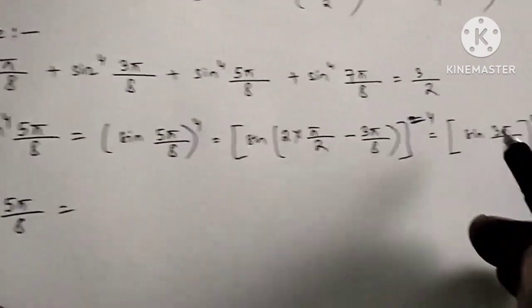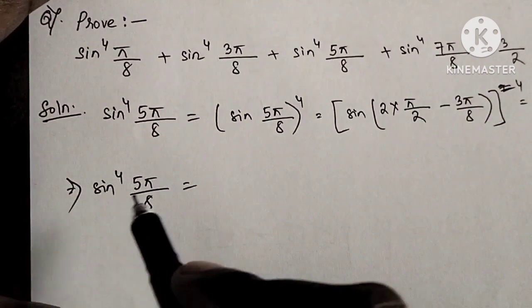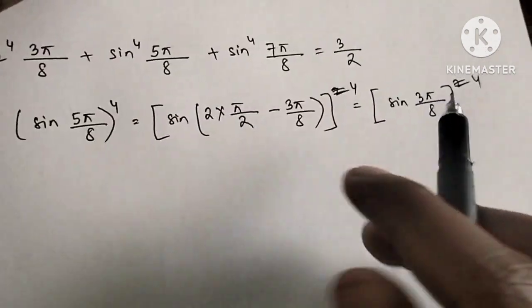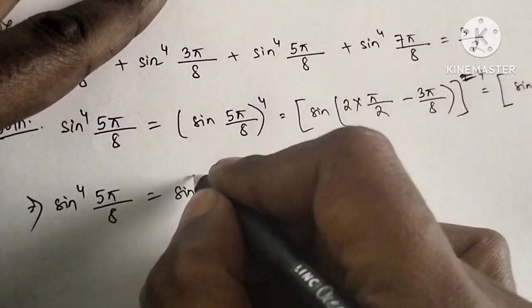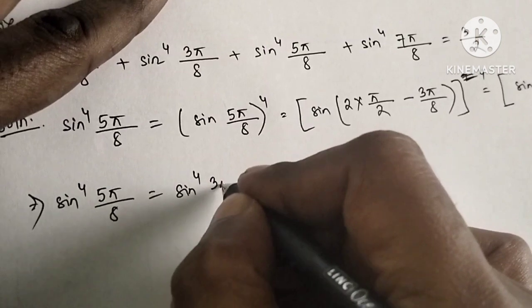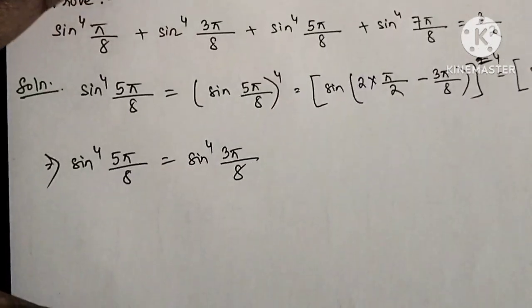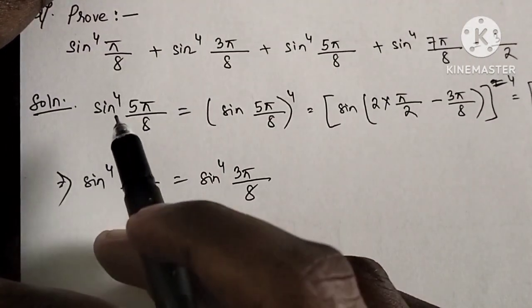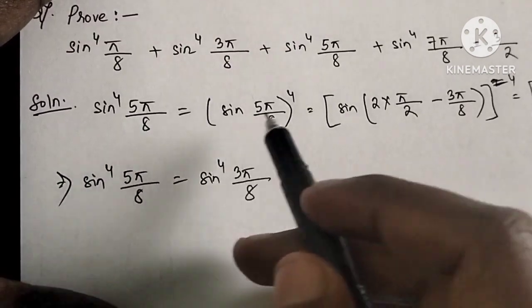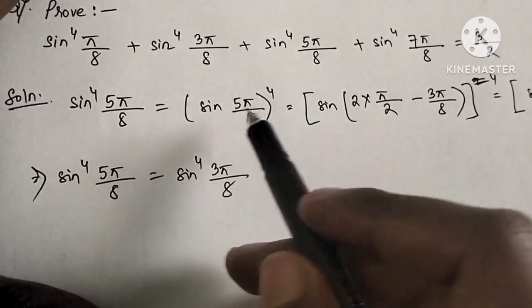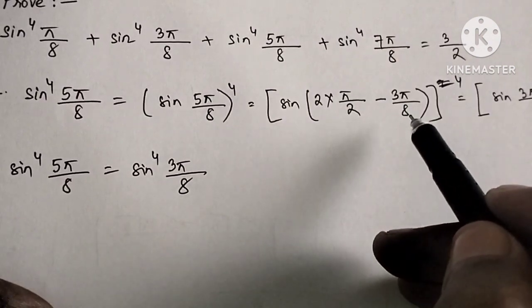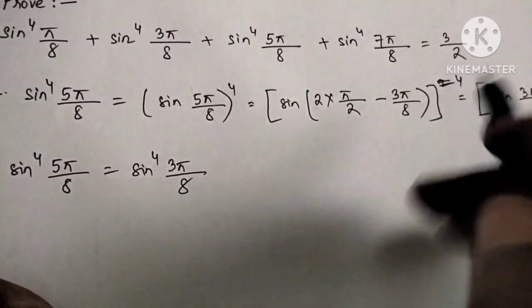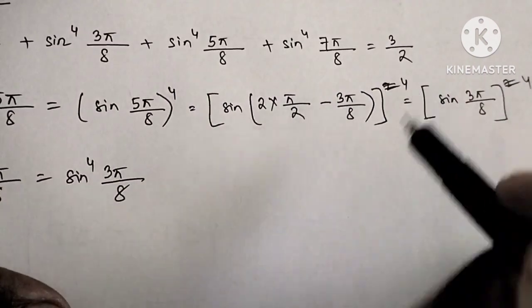So sine to the power 4 5 pi by 8 can be written as sine to the power 4 3 pi by 8, and sine 5 pi by 8 can be written as sine 2 into pi by 2 minus 3 pi by 8, to the power 4.